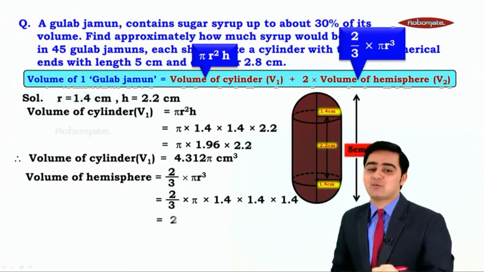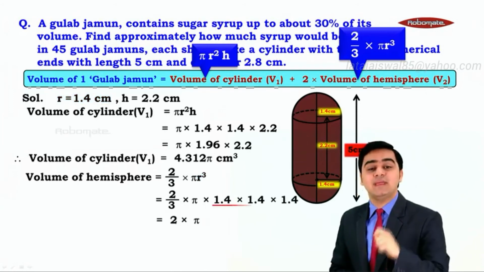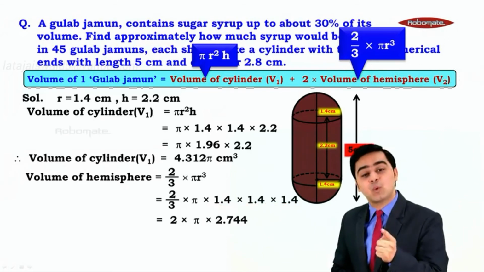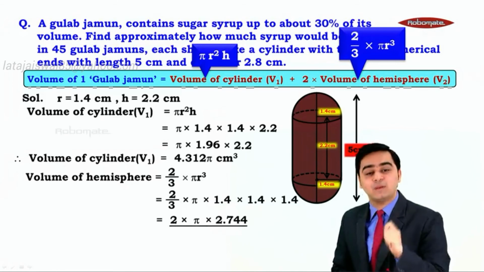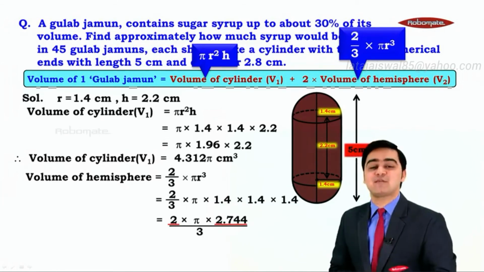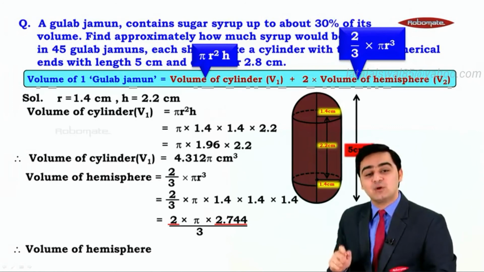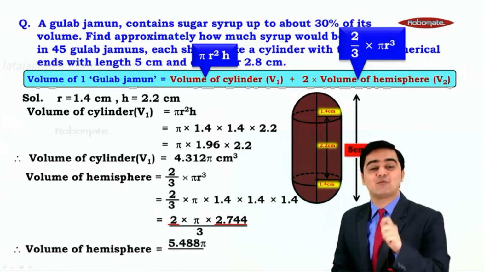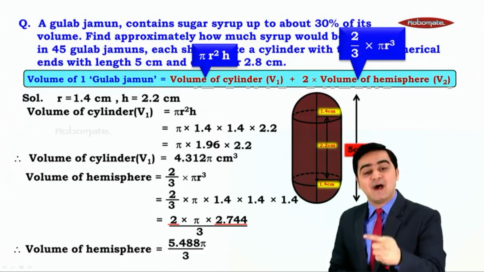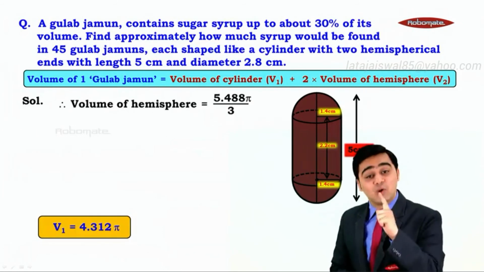The next step is equal to 2 into pi into 1.4 into 1.4 into 1.4. In the numerator is 2.744 upon we have 3 in the denominator. Now, 2 into 2.744 in the numerator is equal to 5.488. Into we have pi, so it is 5.488 pi upon 3. This is the volume of one hemisphere.